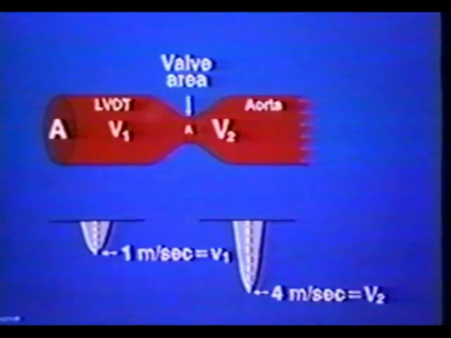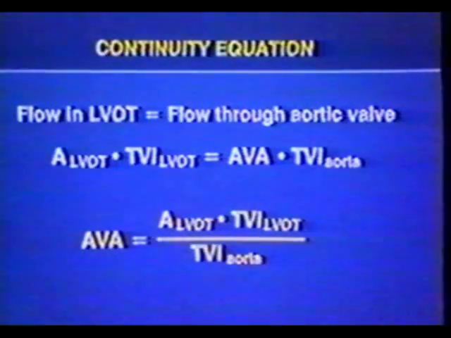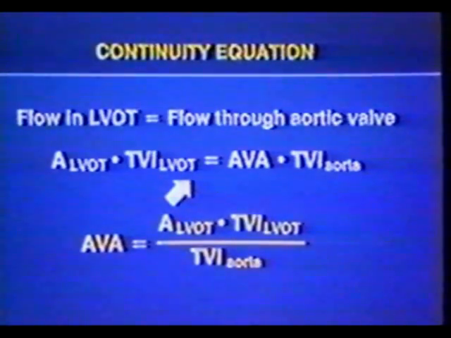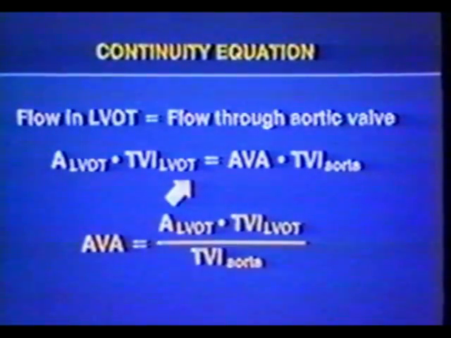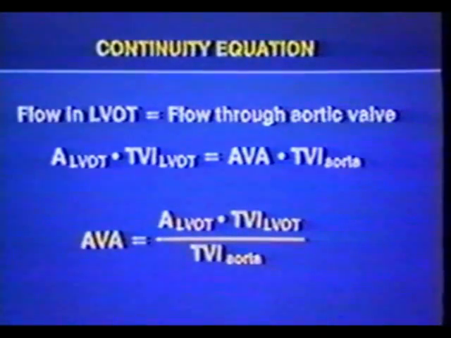Therefore, flow in the left ventricular outflow tract must be equal to flow across the aortic valve. This mathematical expression, which equates flow in the left ventricular outflow tract with flow across the aortic valve, is referred to as the continuity equation. From the foregoing discussion, we calculate flow in the outflow tract by multiplying its cross-sectional area times its TVI.